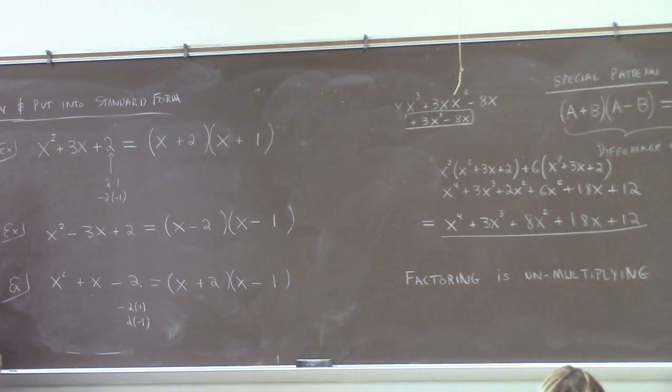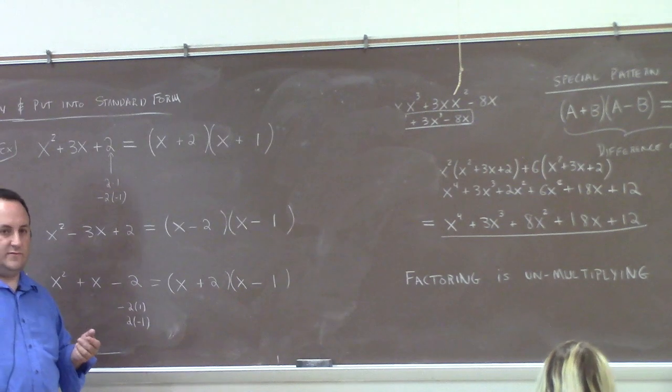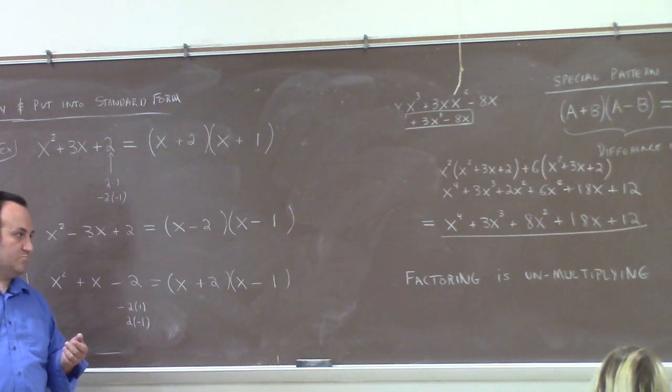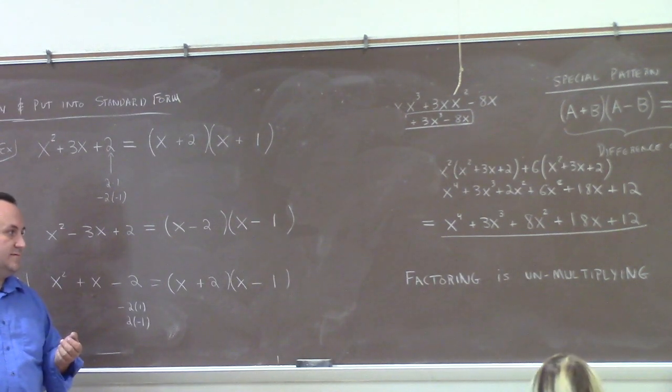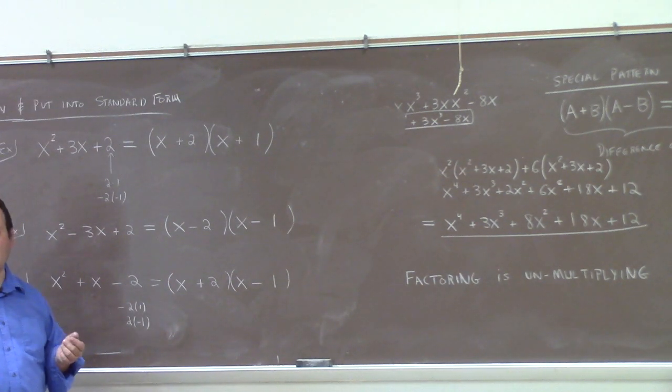Do they all work out like this? No. Generally speaking, factoring can be ugly. And in fact, it was proved in the 19th century by a 20-year-old Frenchman, something like that, that for fifth order and higher polynomial equations, like if you set f of x equal to 0, you know we have the quadratic formula eventually in here.